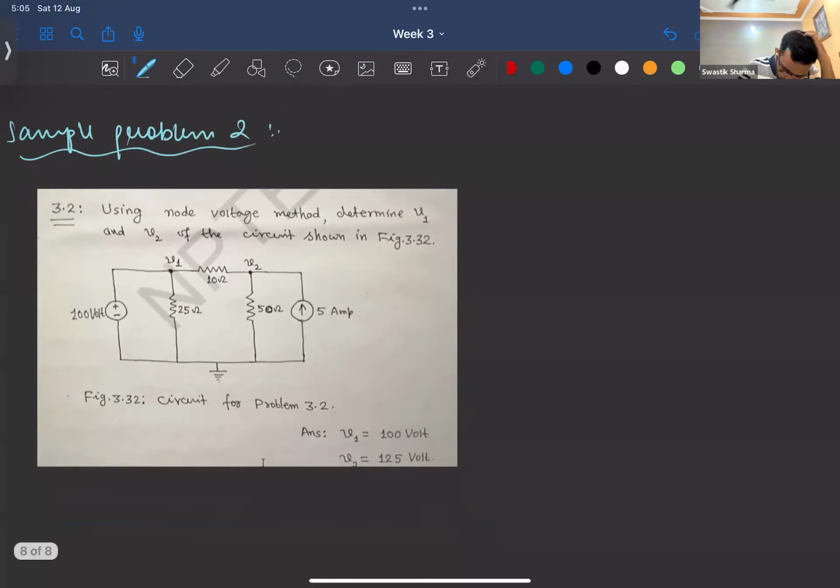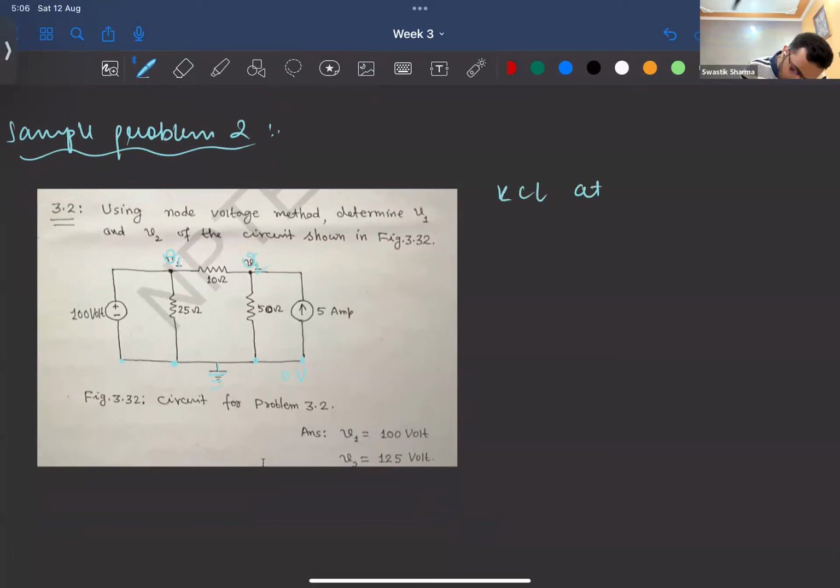So first of all, we require to place a reference node, which has already been done for us. So all of these nodes are at reference potential, which is 0 volts. And we then have to write notations of the non-reference voltages, which is also done for us, V1 and V2. Now we need to apply KCL at all of these non-reference nodes.